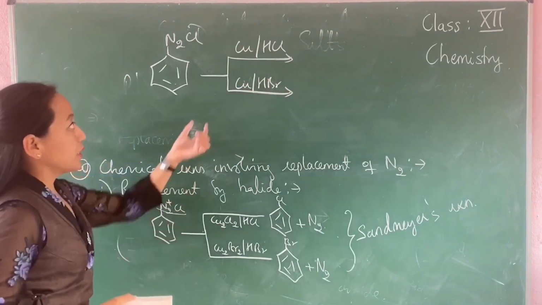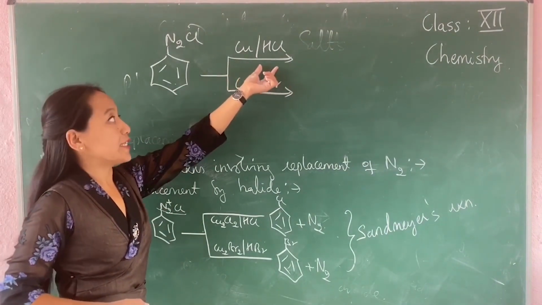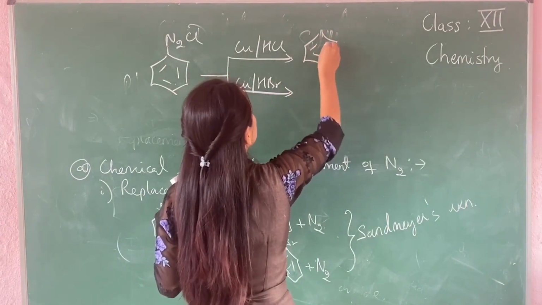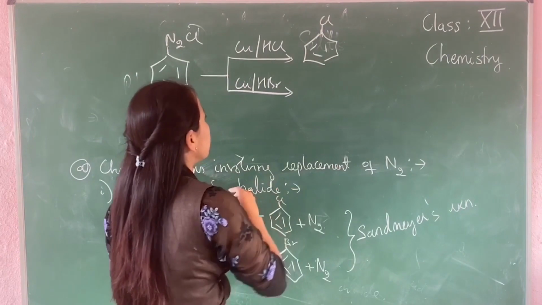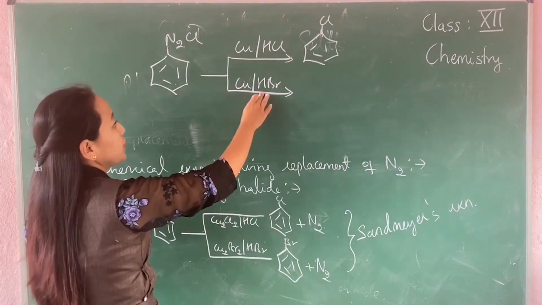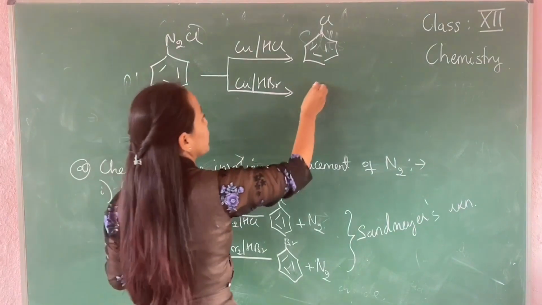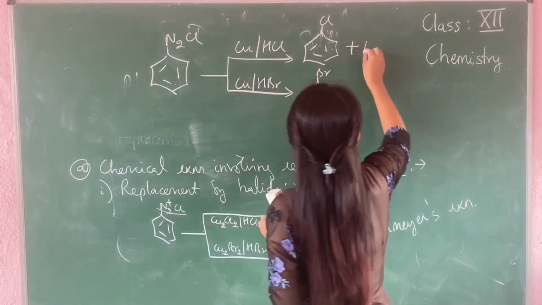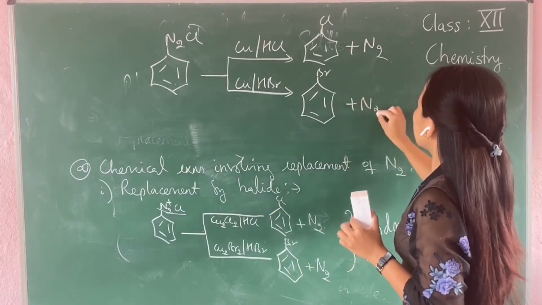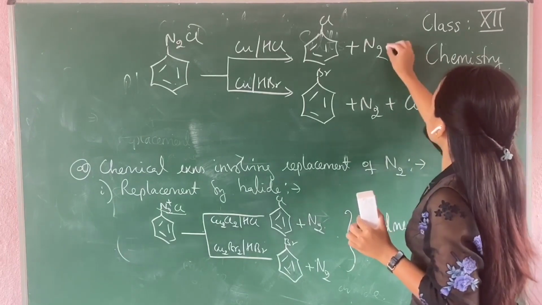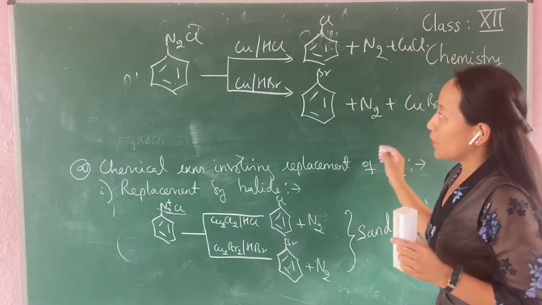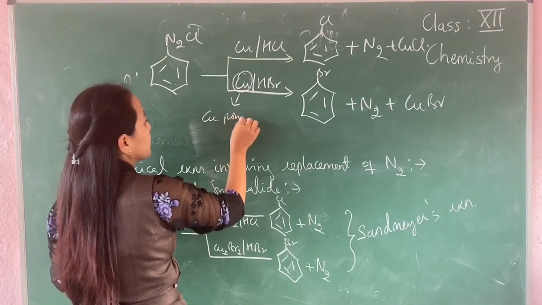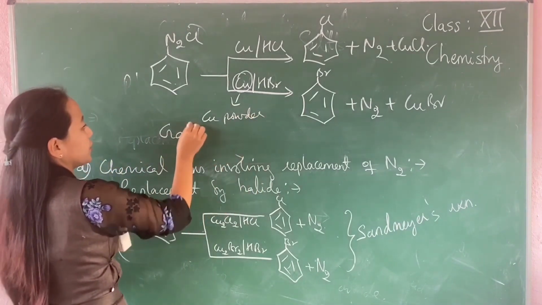So when you treat it with copper powder in the presence of halogen acid, that is HCl, you are going to introduce a Cl atom on this, and if you are using HBr in the presence of Cu, you will get benzene with Br. In both the cases, N2 gas is evolved, plus CuBr, plus CuCl. Now this type of reaction where you are using copper powder is called Gattermann reaction.